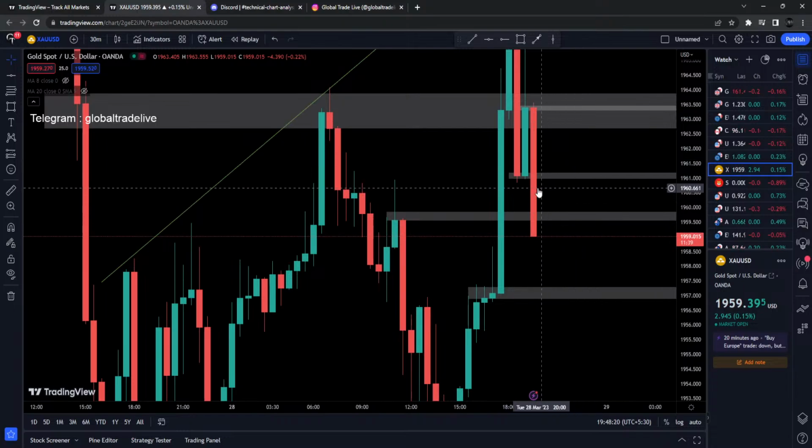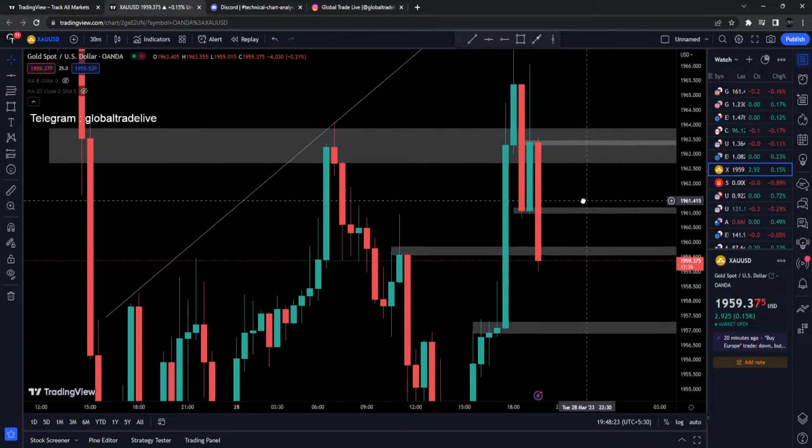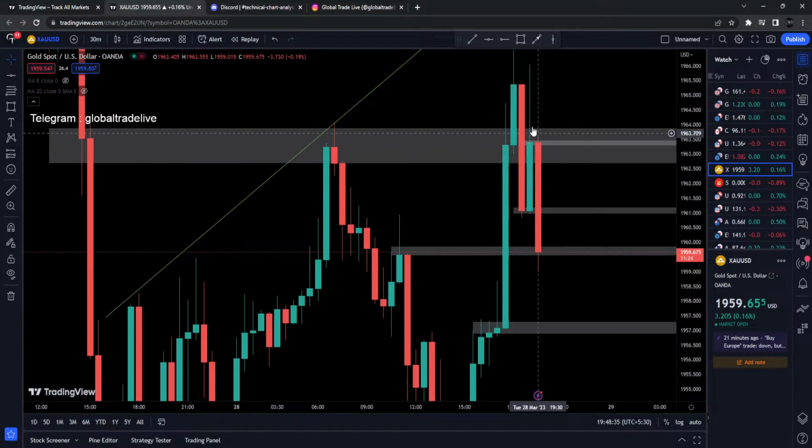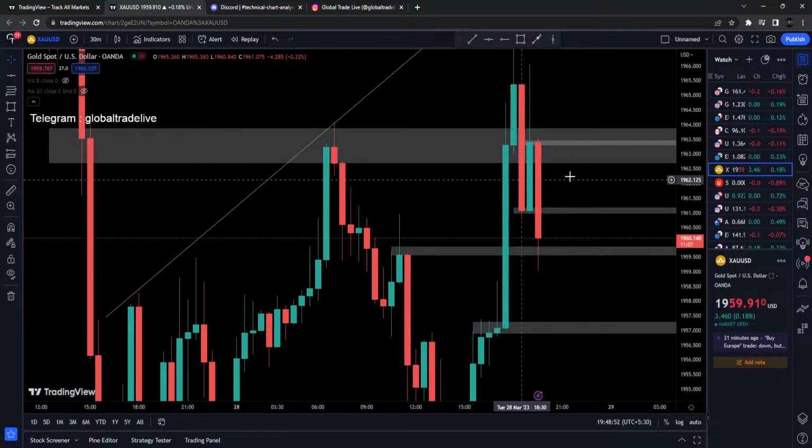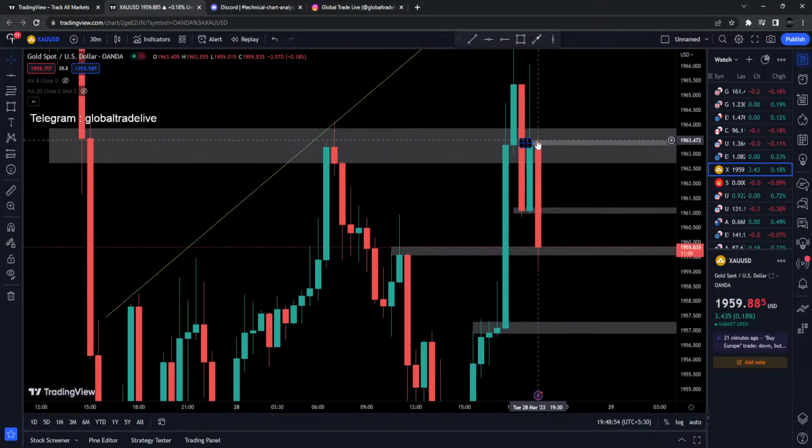I did not announce this trade live because I wanted to see how many of you really took this trade. If anybody changed their idea from buys to sells like me: I was in buys, okay, then I lost the buy trade in like 15 pips, and after that when this candle was moving down and breaking these lows, I suddenly switched my idea to sells, because now I saw in the 30 minutes that the market is creating a resistance and breaking the lows.